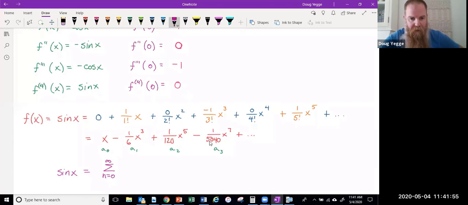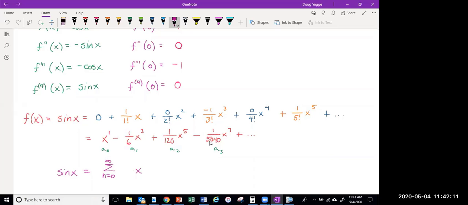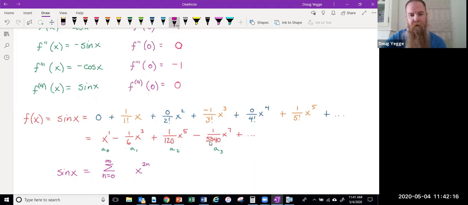X to a power. Let's think about this. I plug in 0 and I get an answer of 1. I plug in 1, I get an answer of 3. I plug in 2, I get an answer of 5. Can anybody think of what the power would be for that? 2n plus 1. Yeah, 2n would make it go up by 2, but plus 1 would make it a power that's odd. So any odd power would be 2n plus 1.